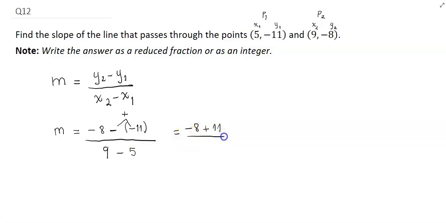And my denominator becomes number 4. What is negative 8 plus 11? I subtract the numbers and keep the sign of the bigger number. So the slope of the line that passes through those 2 points is 3/4.